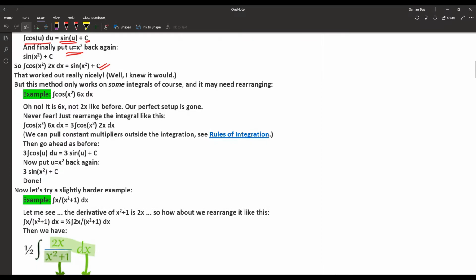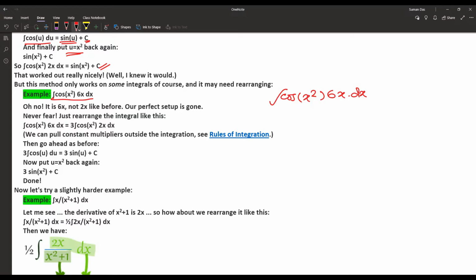Let's check another integration. Suppose we are given cos of x square into 6x dx.